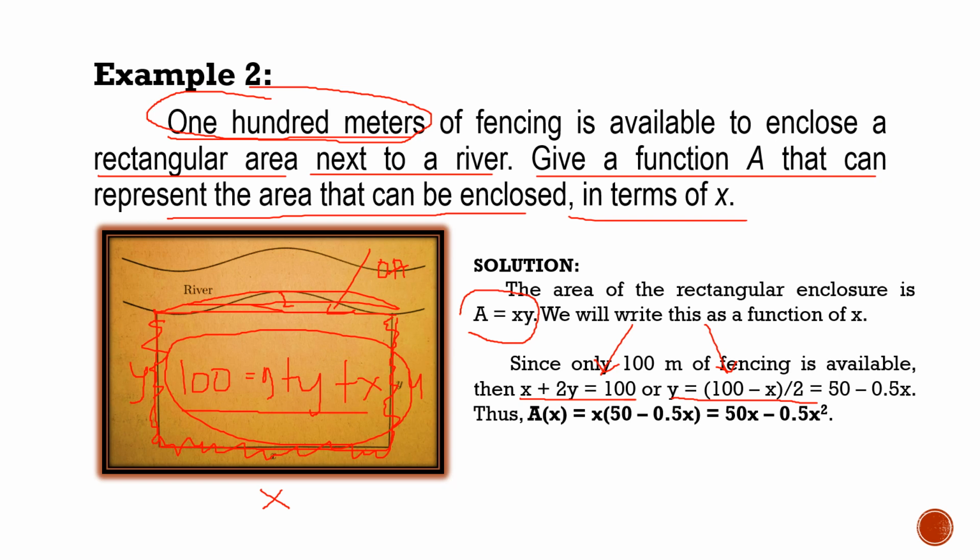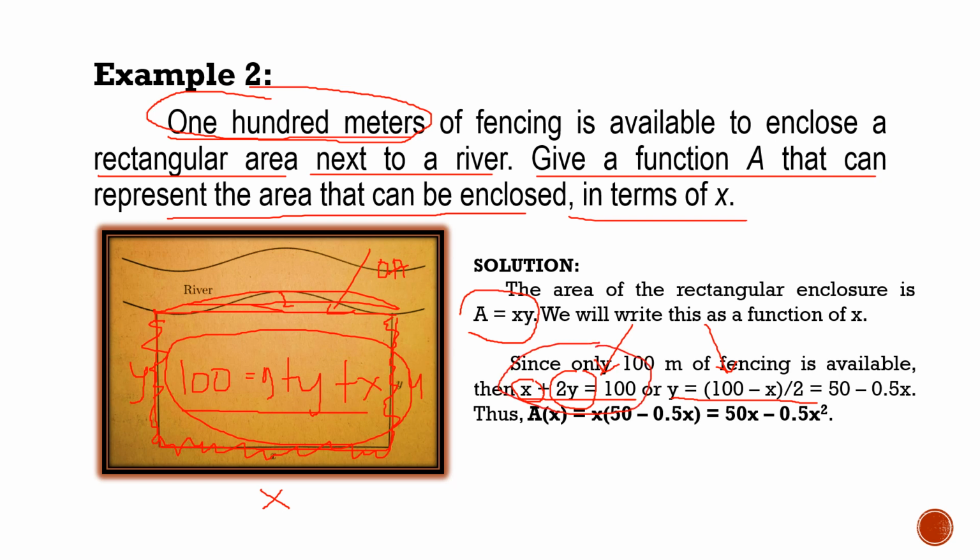So we just simply transfer this positive x to the other side, that will be negative x. Then from multiplication of your 2y going to the other side of the equation, it becomes division. That's the reason why we divide your 100 minus x by 2, because we transfer the 2 from the 2y in this equation.